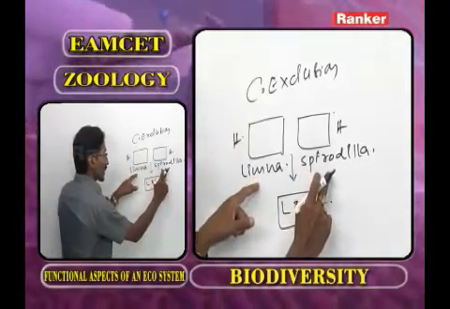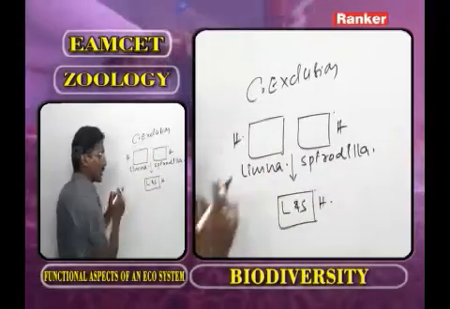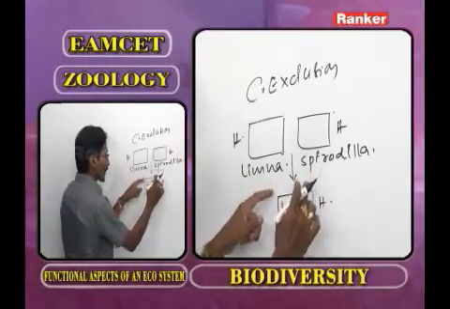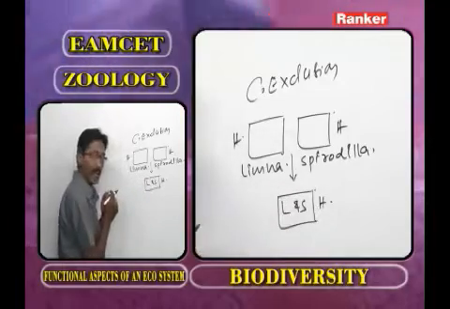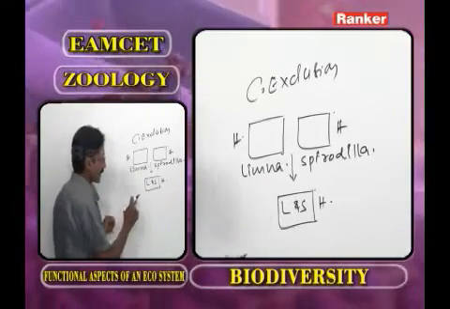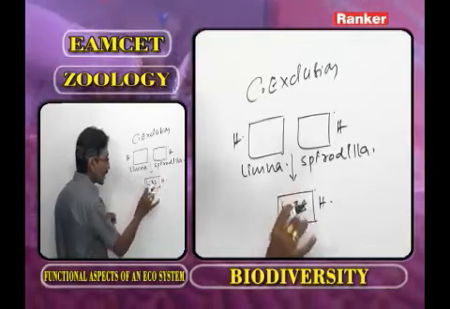Whenever Lemna and Spirodela are present in their own habitat, no doubt they are independent. Whenever Lemna and Spirodela are kept in the same habitat, the Lemna is superior and dominant. Now the Lemna removes the Spirodela.